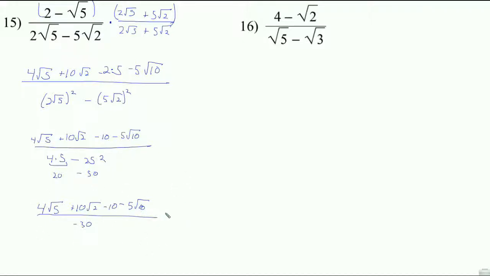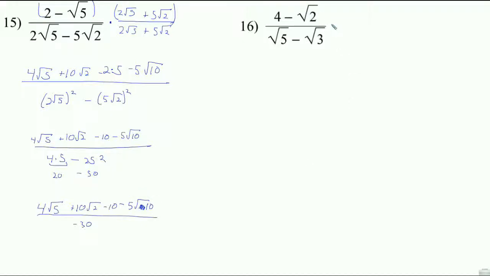Once again, I'll mention again, sometimes texts or answer keys don't want a negative down here, so they'll multiply top and bottom by negative 1, which in turn changes the sign of each term. So if you see an answer that said negative 4 root 5 minus 10 root 2 plus 10 plus 5 root 10 all over positive 30, it's the same answer.